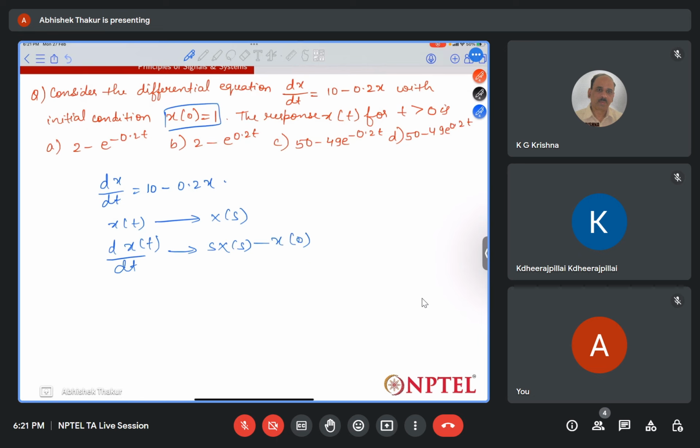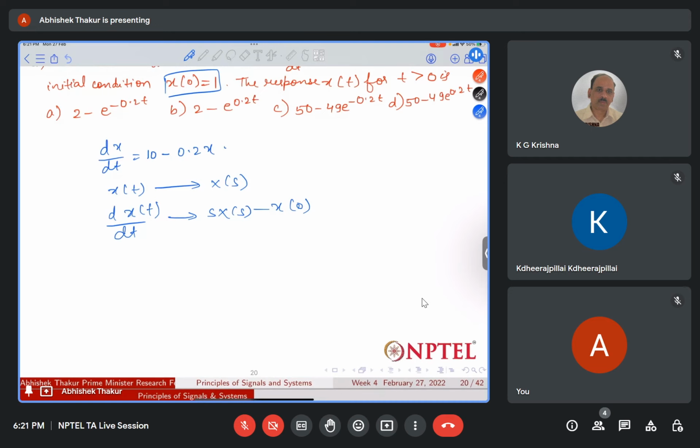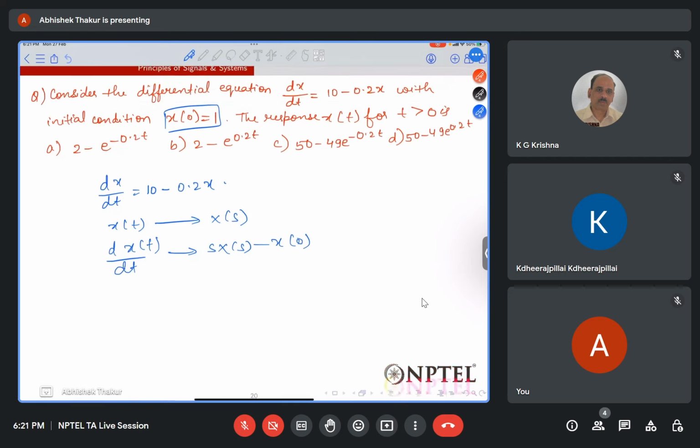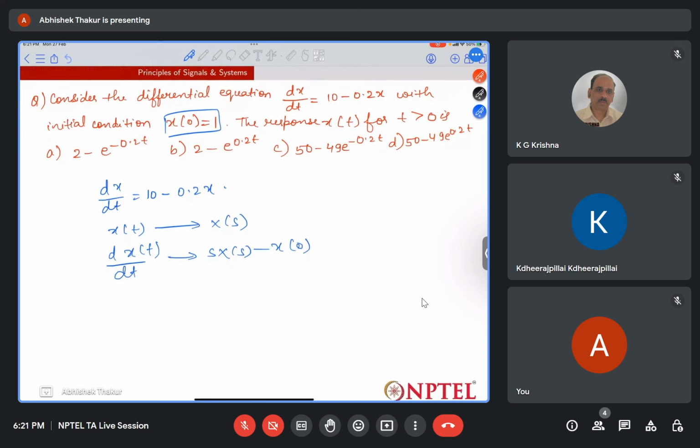Here x0 is 1 in this given question. Also, dx by dt is given as this, so we take the Laplace transform of it and equate both.